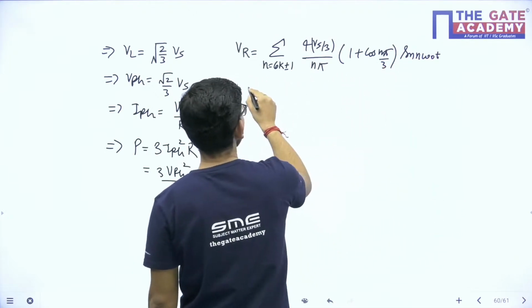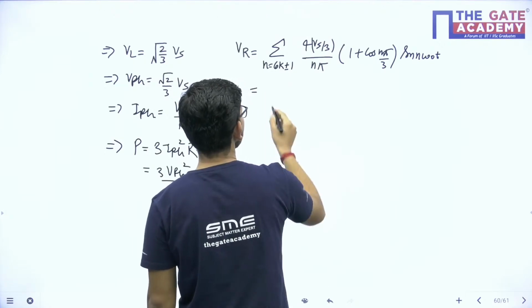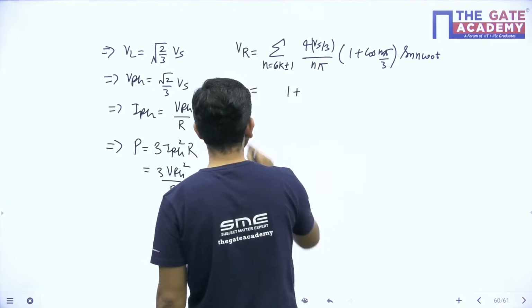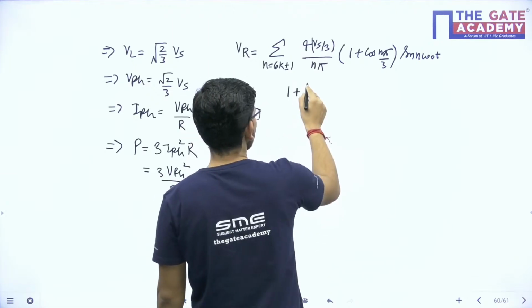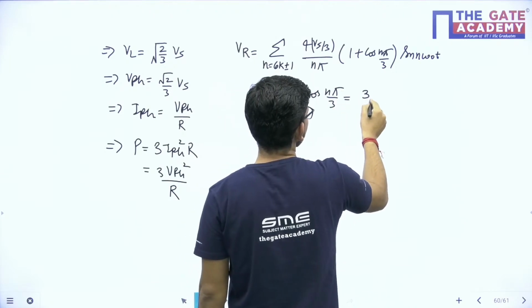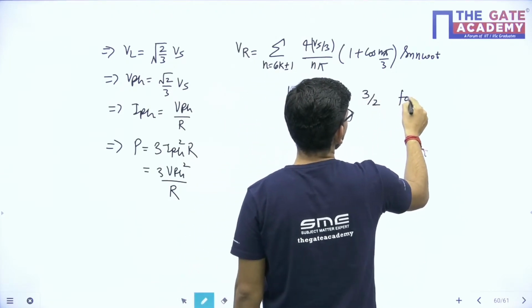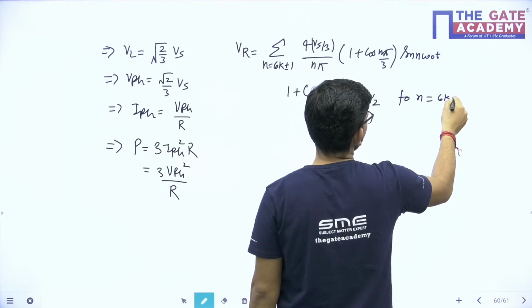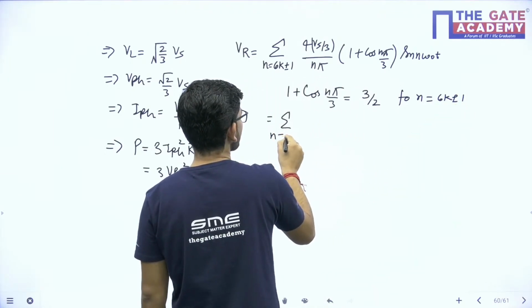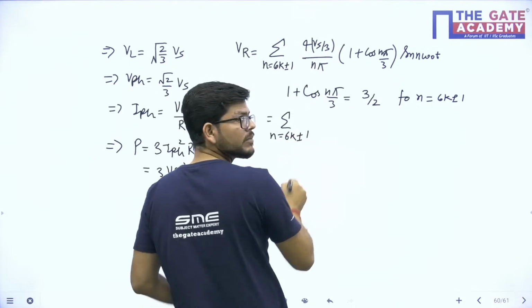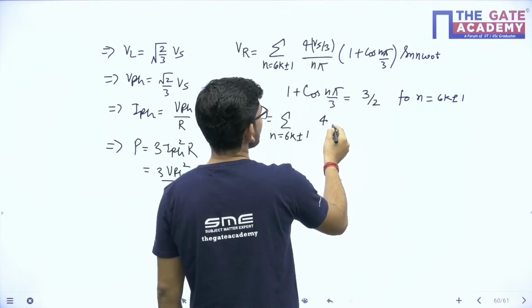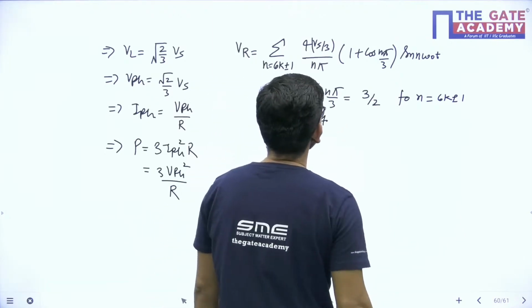What is the value of 1 plus cos n pi by 3? This has a value of 3 by 2 for n equals to 6k plus minus 1. So ultimately my formula will become, for n equals to 6k plus minus 1, 3 and 3 get cancelled.